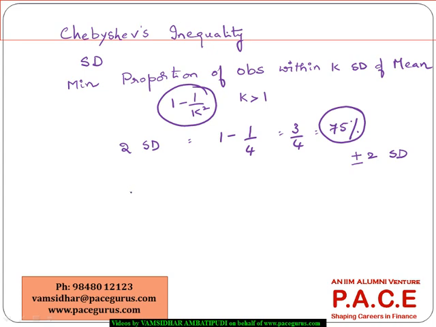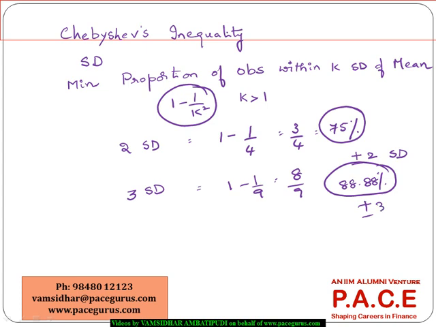Similarly, when I am talking about 3 standard deviations, 1 minus 1 by 9, which is 8 by 9, almost 88.88% of the observations will lie within plus or minus 3 standard deviations of the mean, irrespective of the shape of the data.